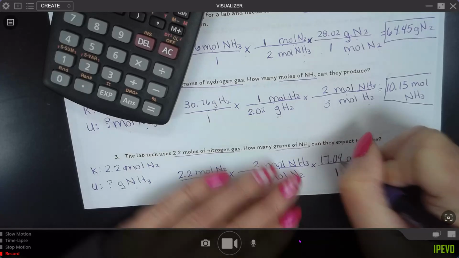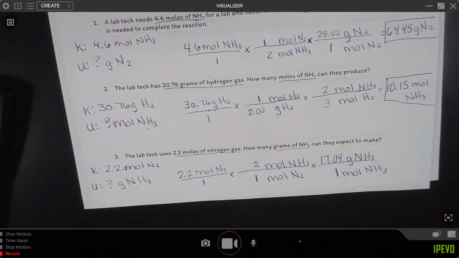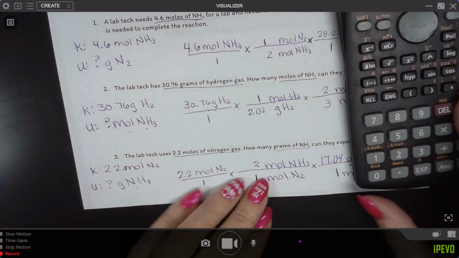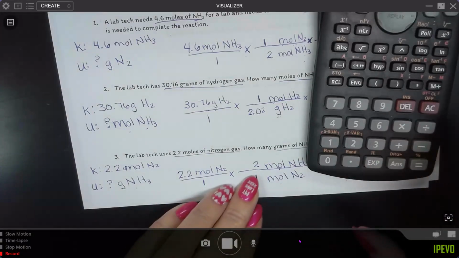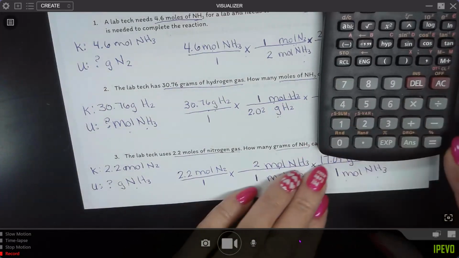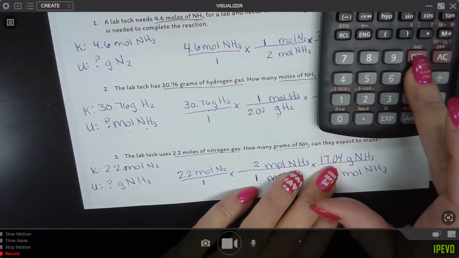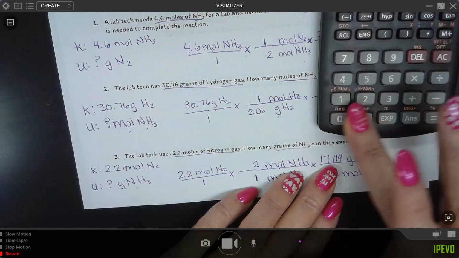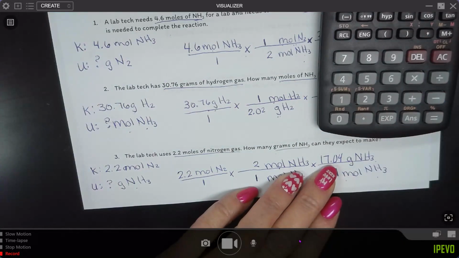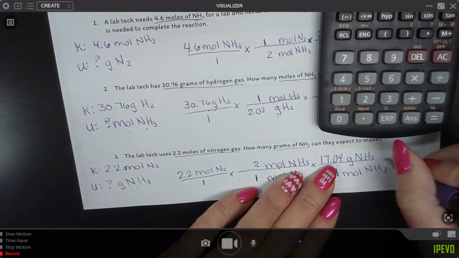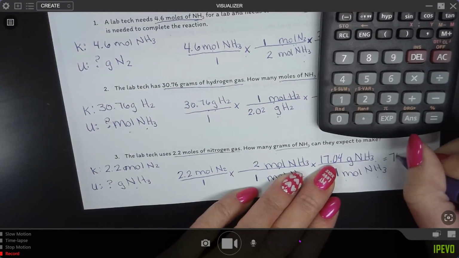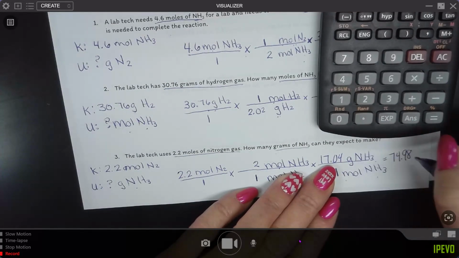Okay, so now I'm going to multiply across the top. Notice I have all 1s on the bottom, so I don't have to divide by the bottom. Well, let's see, 2.2 times 2 times 17.04 is 74.98 grams of NH3.